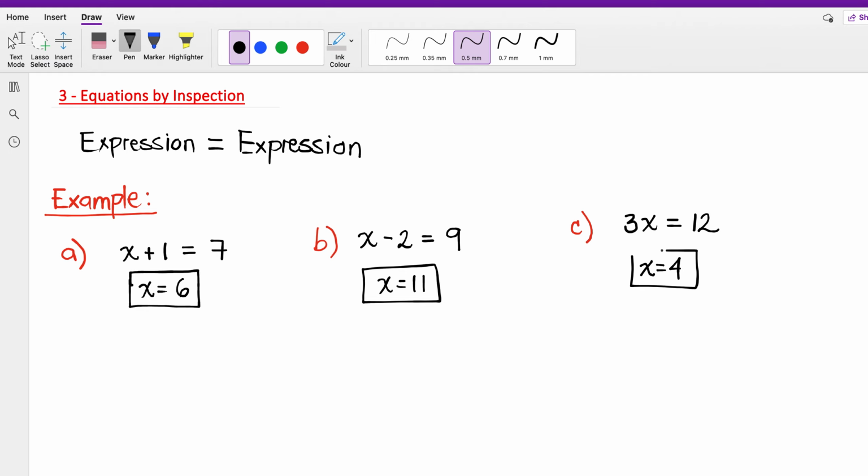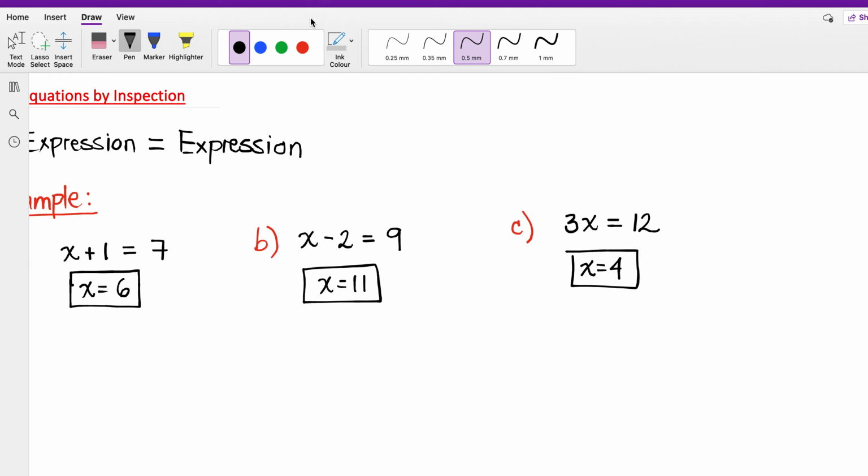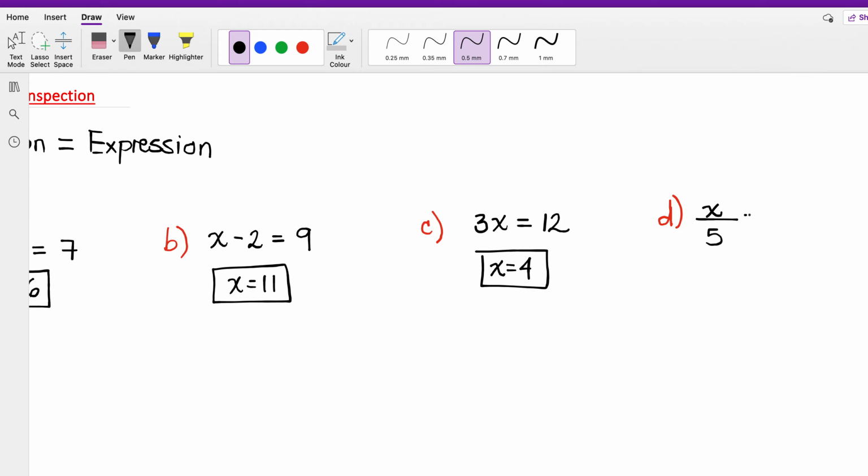Great. And let's do one last example here. So d: x divided by 5 is equal to 10.